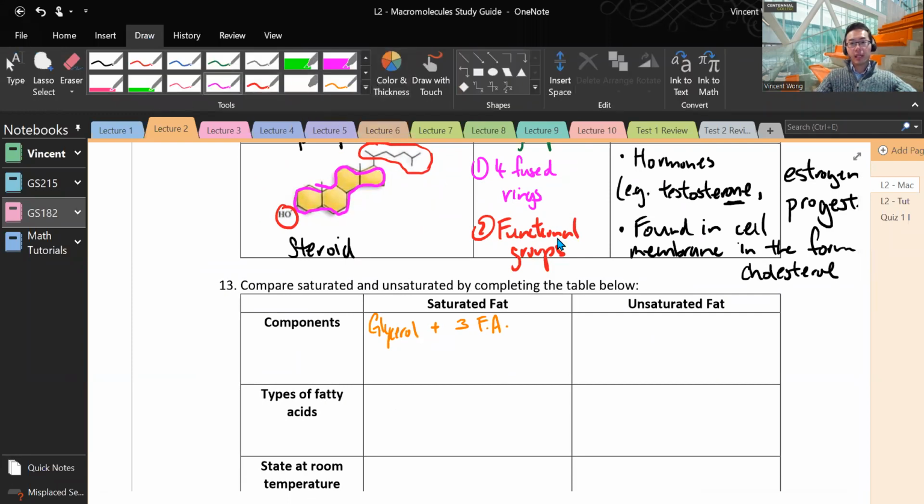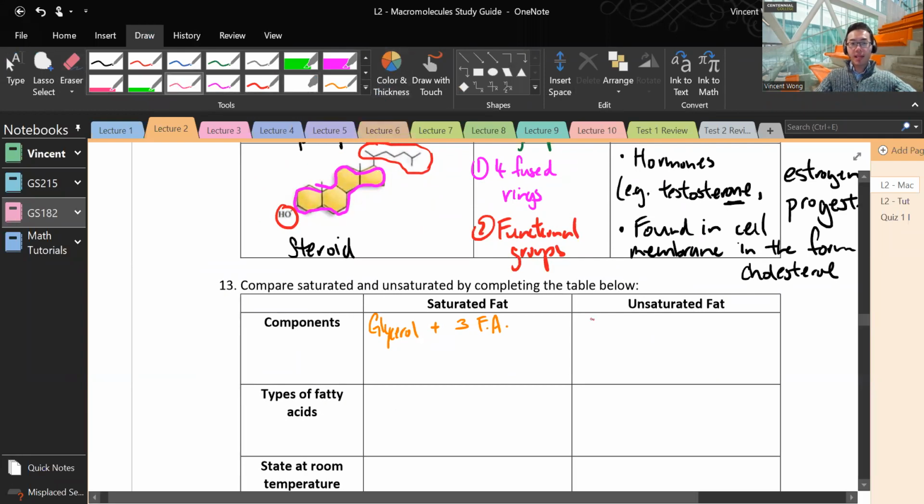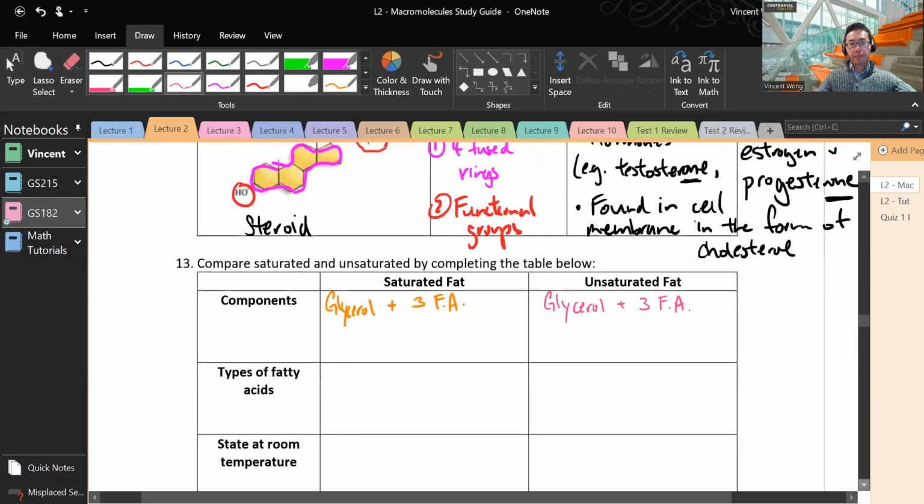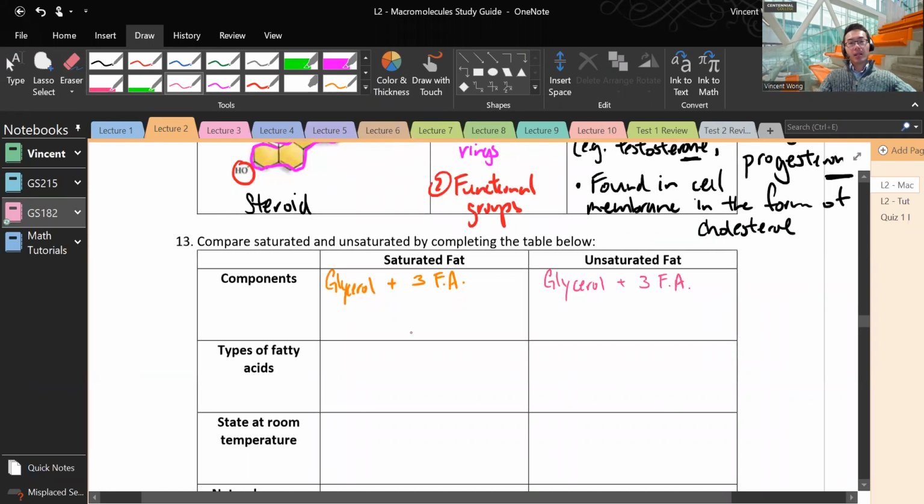And for the unsaturated fat, it is actually the same thing, also glycerol plus 3 fatty acids. What makes them different is the type of fatty acids that is found.